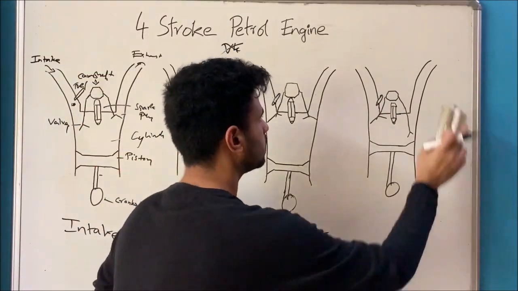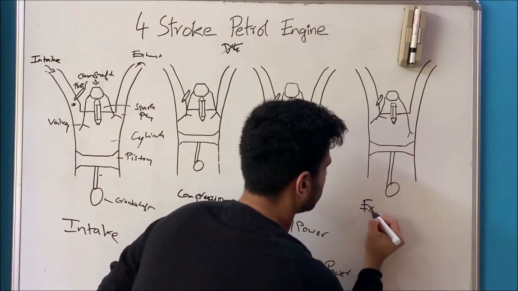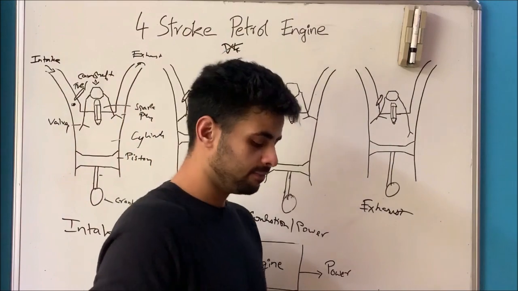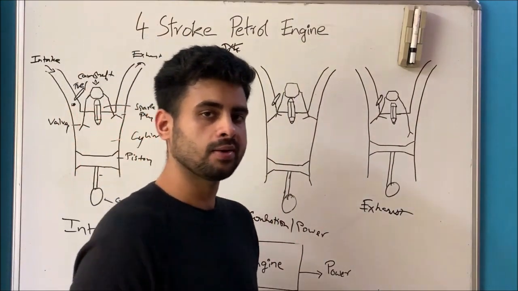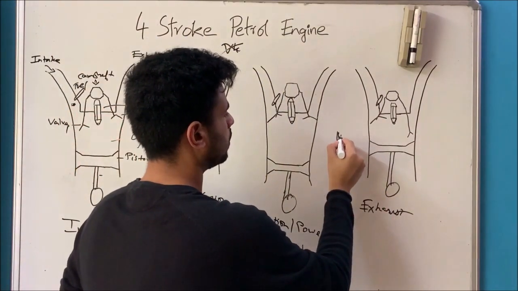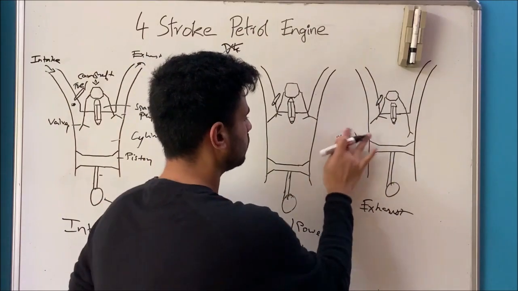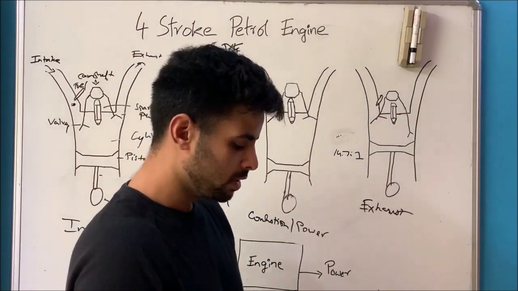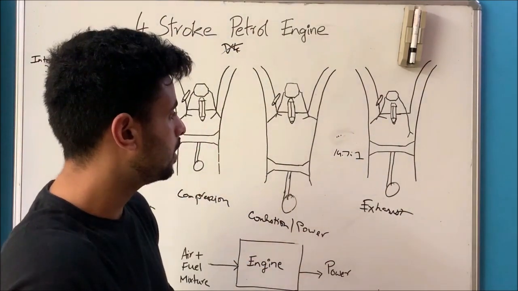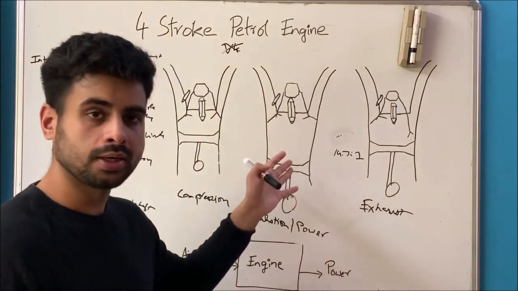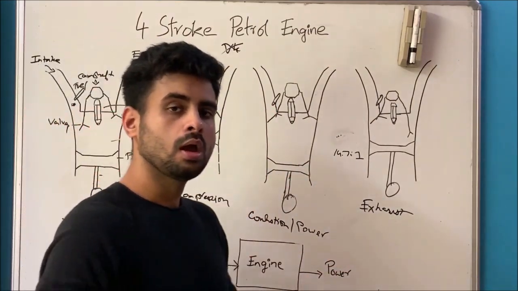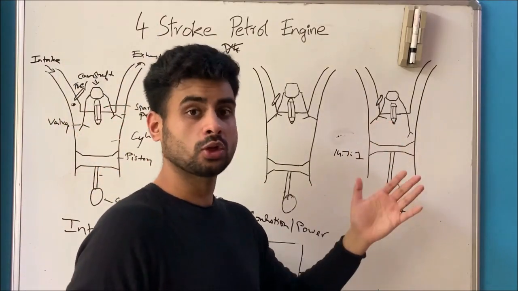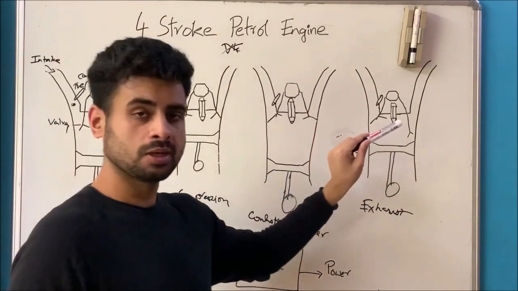And finally, the fourth stroke, the exhaust stroke. So assuming the air-fuel mixture that we had was a perfect 14.7 to 1 air to fuel ratio, then when we burnt it in the combustion stroke, all the oxygen should have been used up, and ideally it should be only exhaust gases that are remaining in the chamber now.